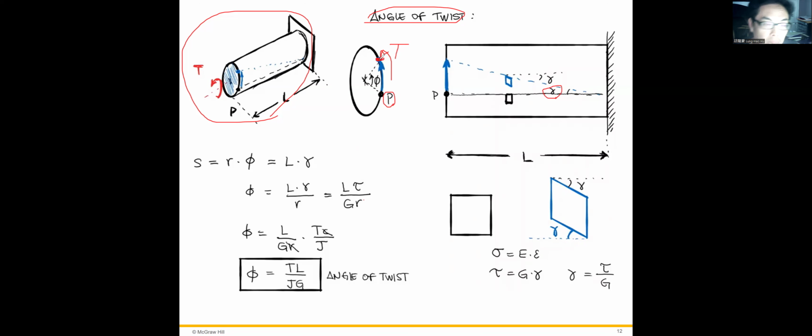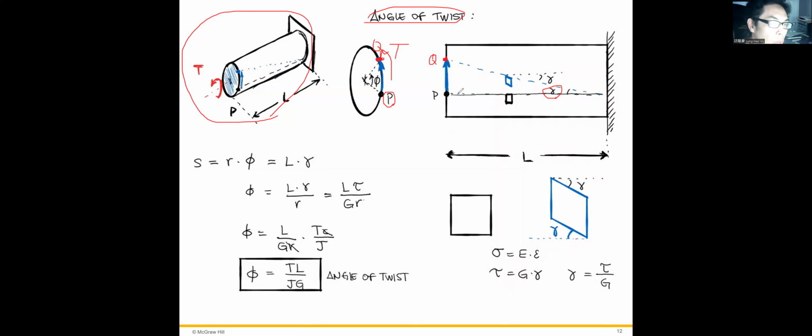If we look at the side view of this solid rod, P is going to move to the other point, the point Q. So from the side view, we find the angle called gamma.